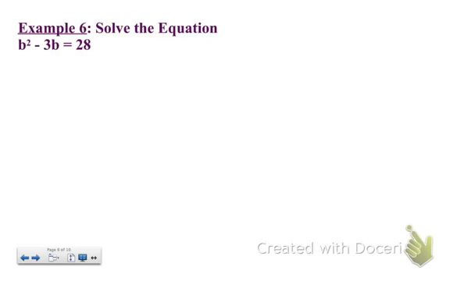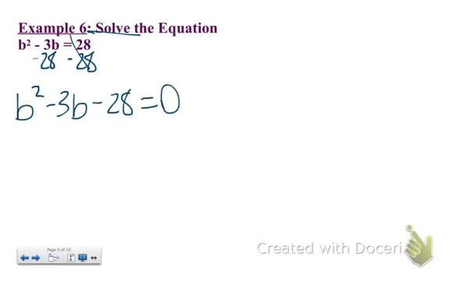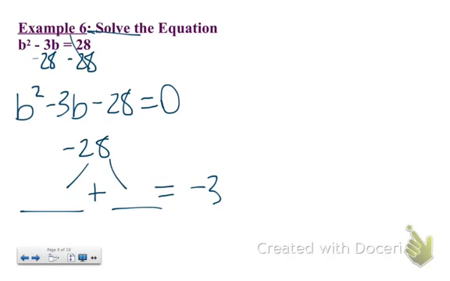Very similar again, we need to solve, so we need to set it equal to 0. So we're going to get b squared minus 3b minus 28 equals 0. Now we're looking for factors of negative 28 that when added together give us negative 3. Negative 7 times positive 4 is negative 28, and negative 7 plus 4 is negative 3.